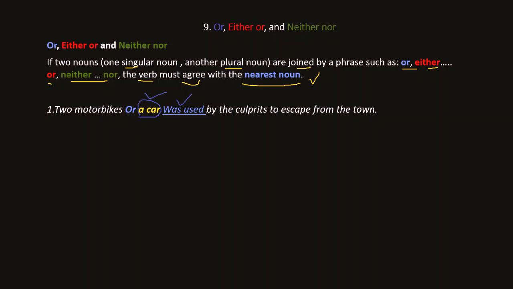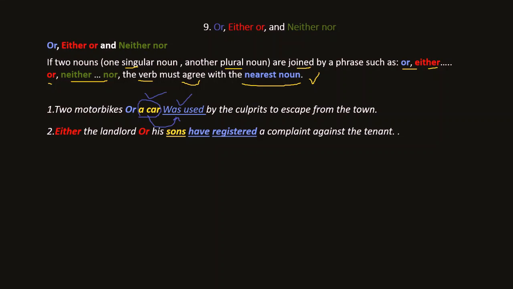Similarly, in the second sentence, either the landlord or his sons have registered a complaint against the tenant. Why do we use a plural verb have registered? It's because the subject is the closest noun, the nearest noun, that is his sons. Hence we use a plural verb have registered.